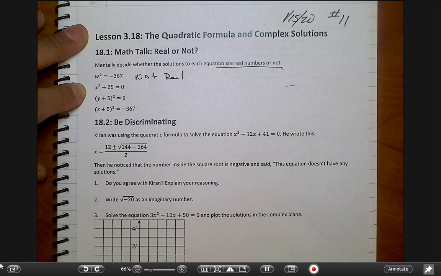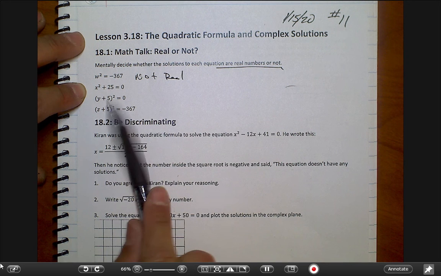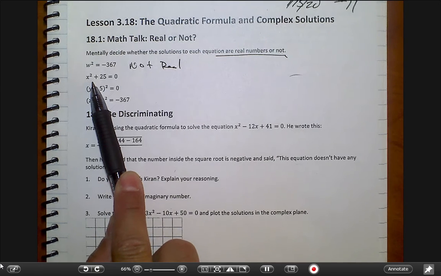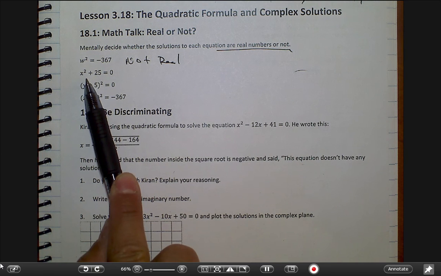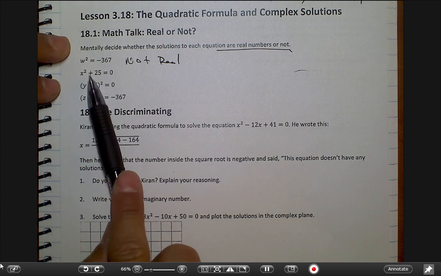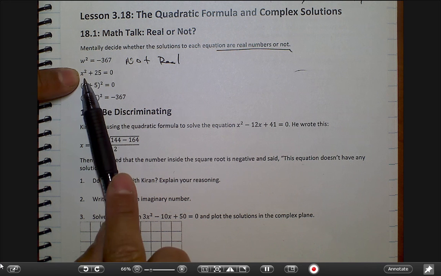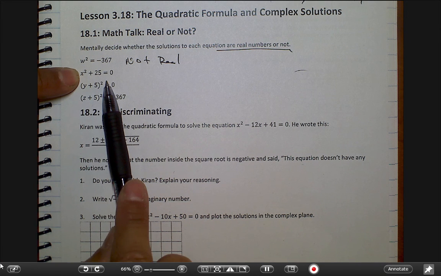All right, on the second one, if I were to try and solve for x here, I would want to get x by itself, right? So what would I do? Subtract the 25 first, right? Subtract 25, and then I would square root. So is that going to be real or imaginary?